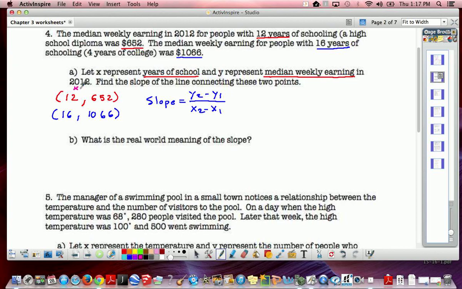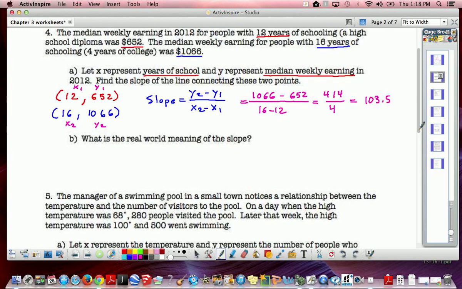I'm going to do something like this: X1, Y1, X2, Y2. So to get my slope, I have 1,066 minus 652 all over 16 minus 12. So as I simplify this, 414 over 4, which reduces to 103.5. So that's the slope.